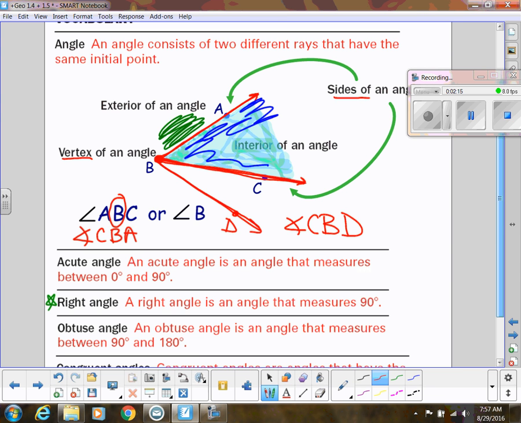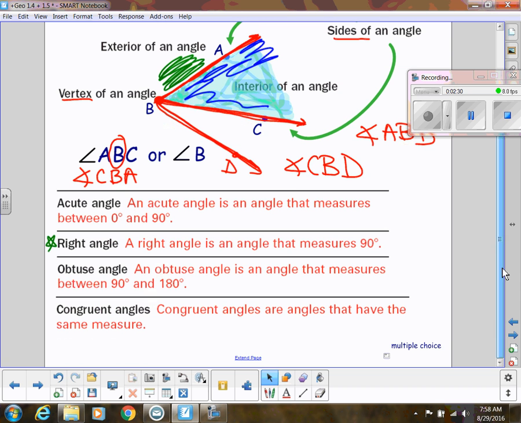Or I could be talking about the very large angle ABD. And that's the very large angle B. So be careful when you're naming angles. Make sure you're explicit when you need to be.